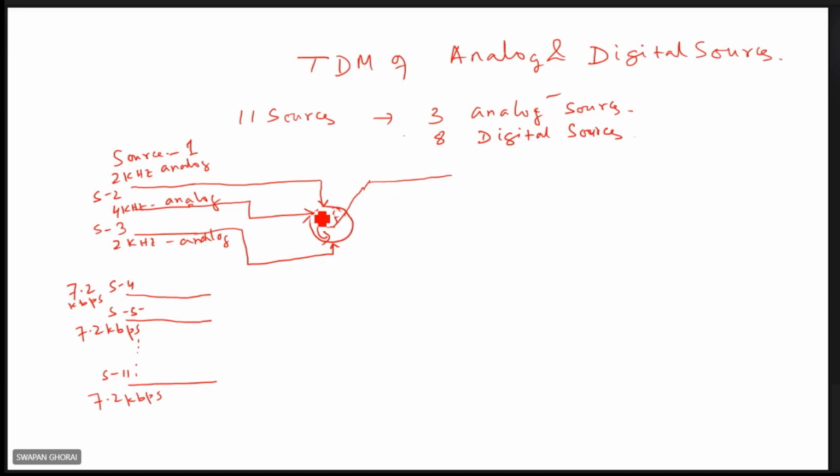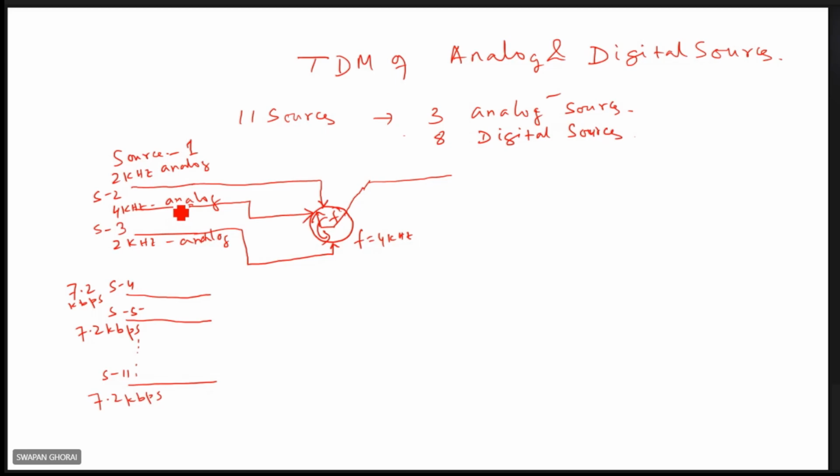If you consider the scan rate F equal to 4 kilohertz, then one sample is taken from source 1, one sample from source 3, and 2 samples from source 2.